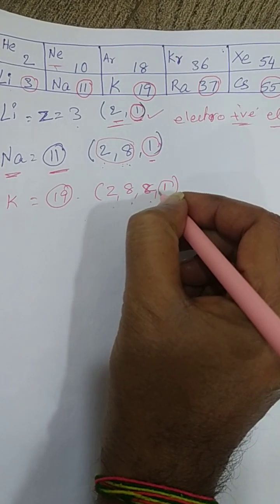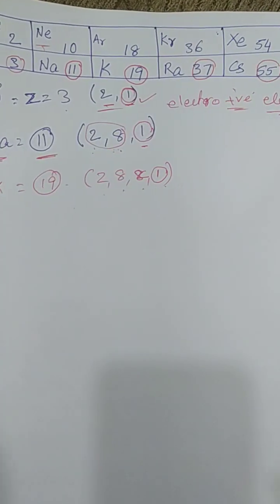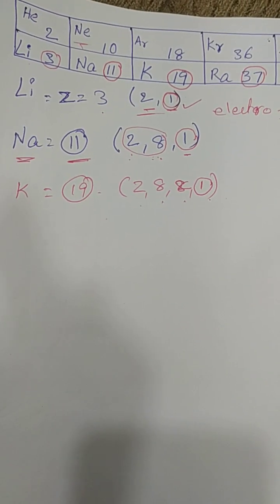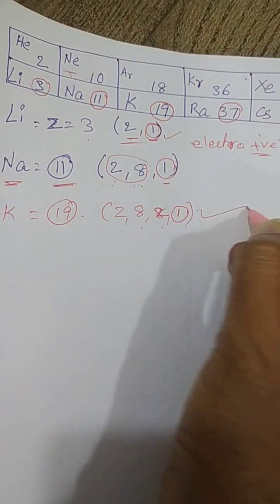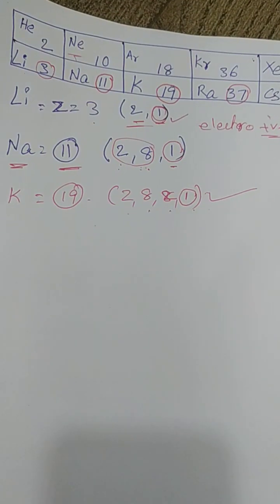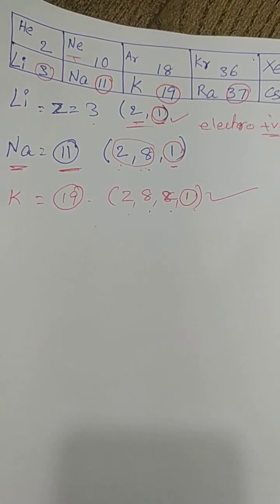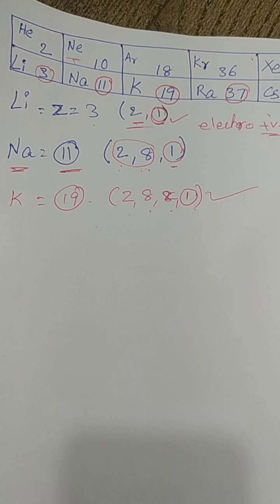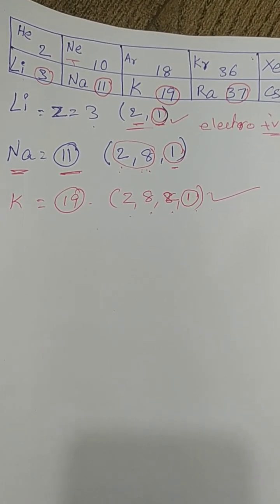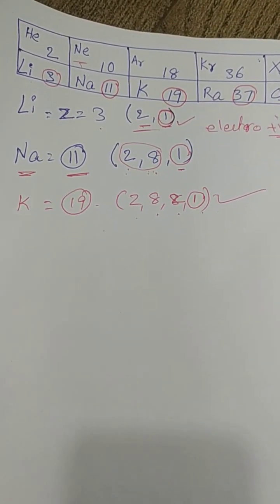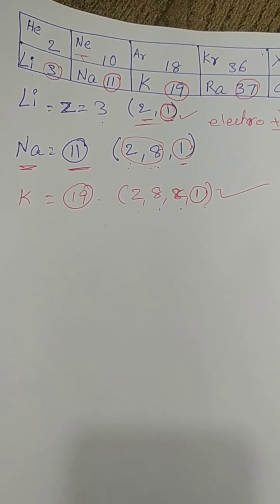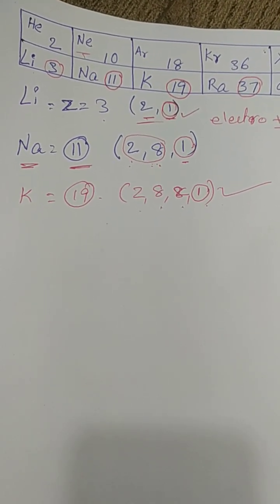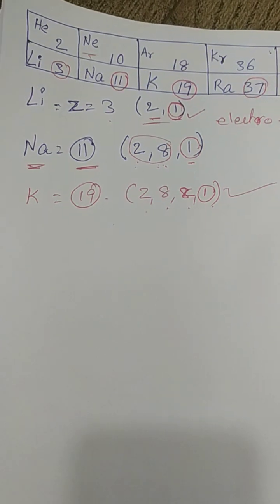Here also one electron is extra, and it easily loses this electron and wants to become the configuration of argon. So the compounds easily become electropositive. That is the reason alkali metals are good electropositive metals, can easily donate an electron, and easily react with other compounds.